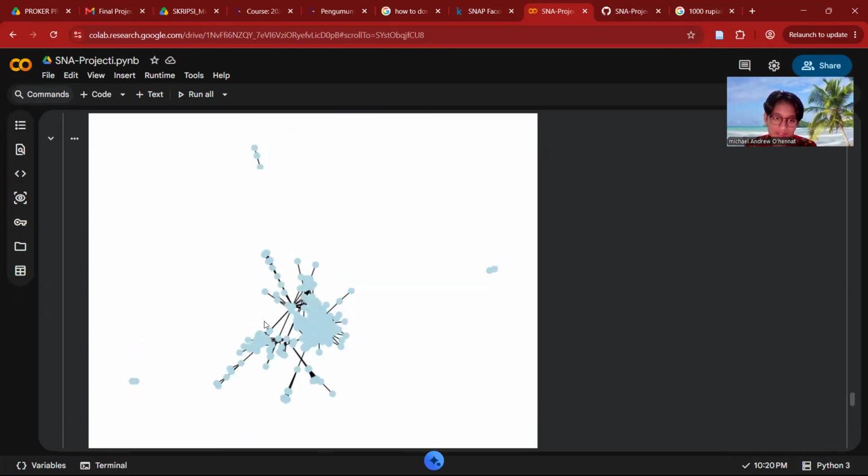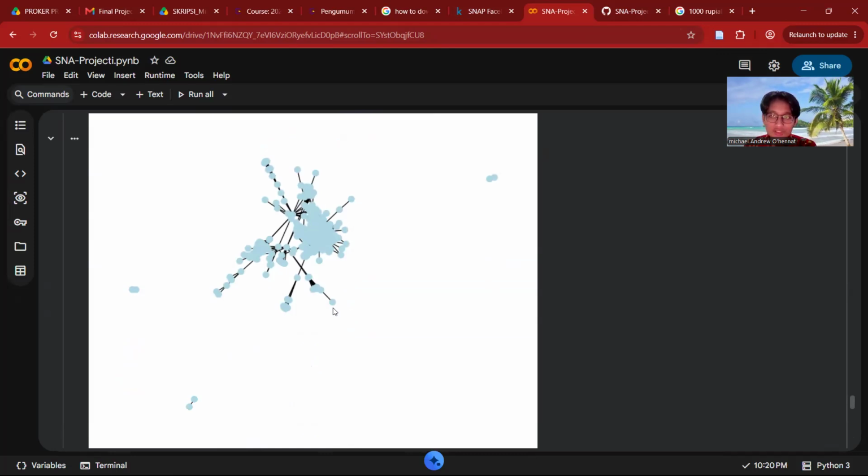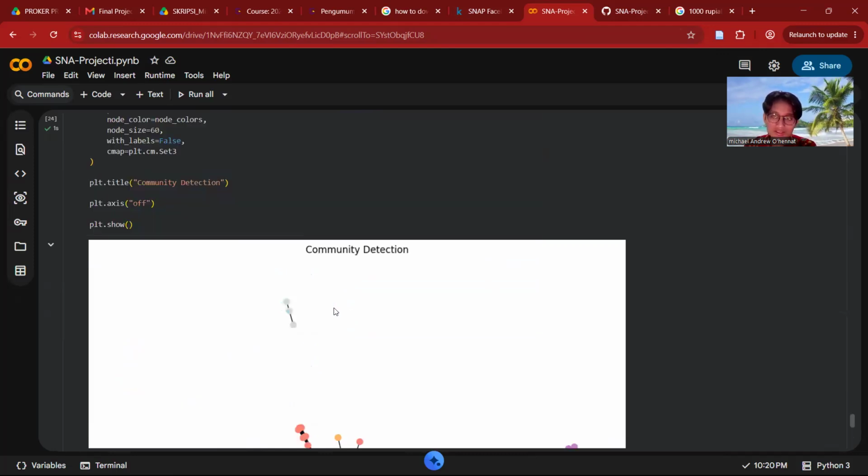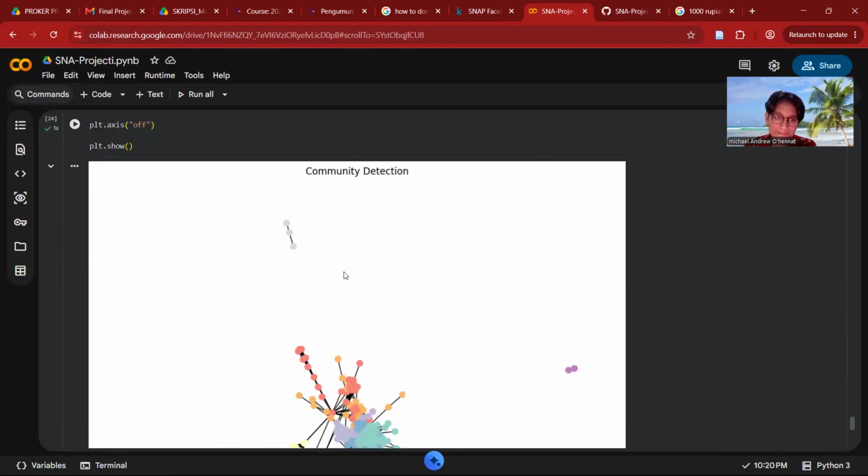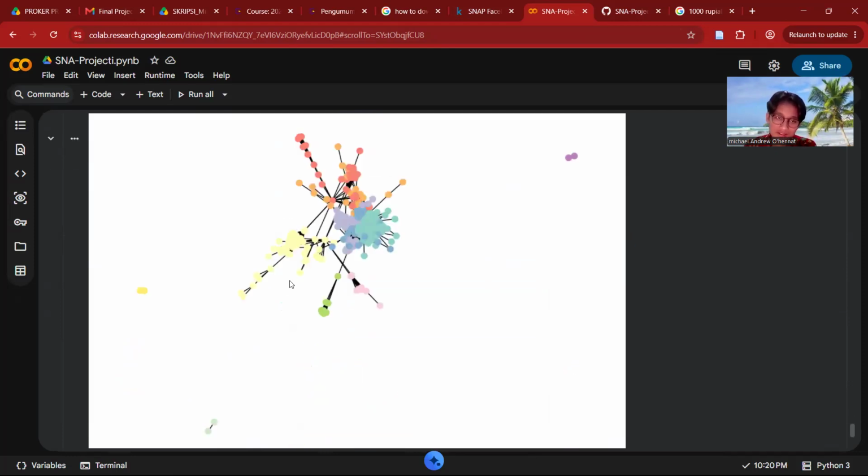Those separate ones maybe have connections with other egos, but there are not many connections with ego number 0. And we can say that the yellow community isn't close to other communities.